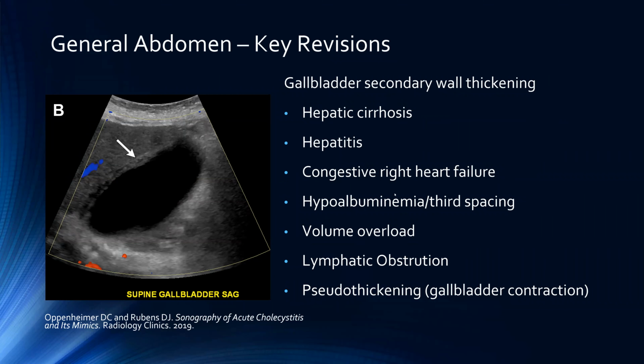So in the setting of hypoalbuminemia or hypoproteinemia or lymphatic obstruction. You can see a clearly thickened wall here, but nothing in the way of any hyperemia within the wall.